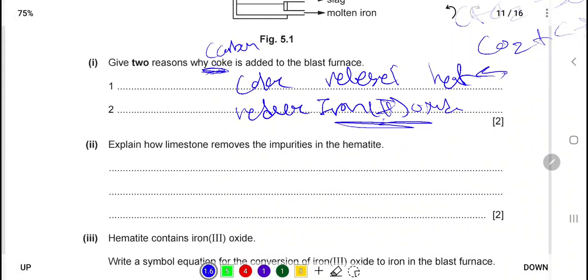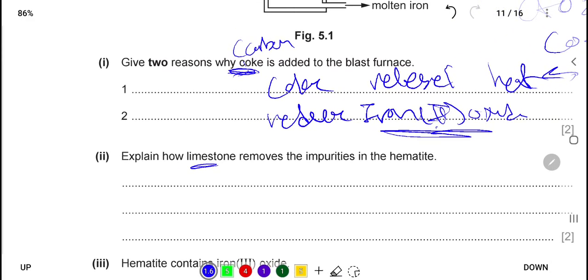Explain how limestone removes the impurities in hematite. So there's something called limestone. Limestone is CaCO3.